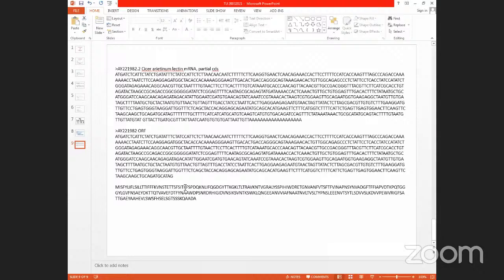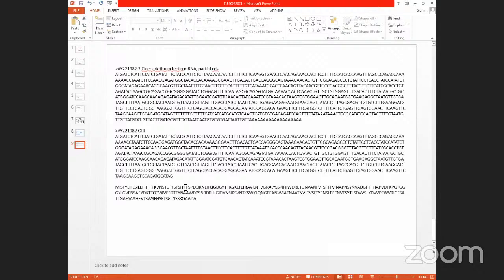So now we know that our protein has a signal peptide and also a transmembrane region. If you see, both have one common thing, the hydrophobicity of the region, and the position is also the same.